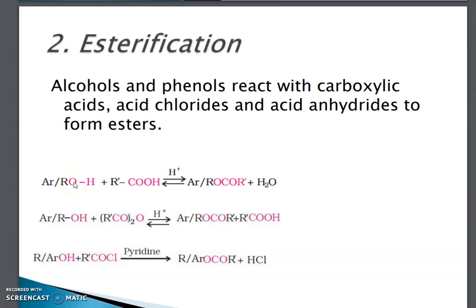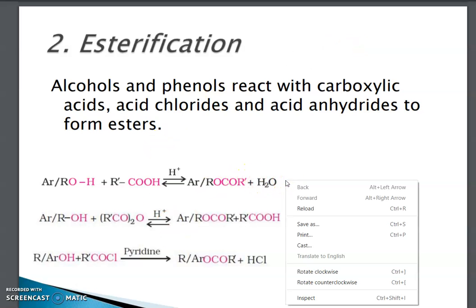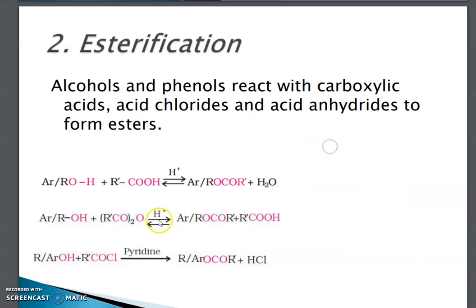For example, you can see here this portion attacking and attaching here. You can see the reaction and the elimination of hydrogen from the alcohol and OH from the acid, and the other groups join together.